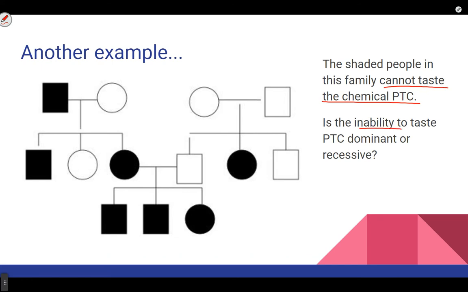But in this case, the shaded people cannot taste this chemical. The inability to taste, that's what you're looking at. The shaded people here, in this case, is that dominant or recessive? Turn and talk to each other.